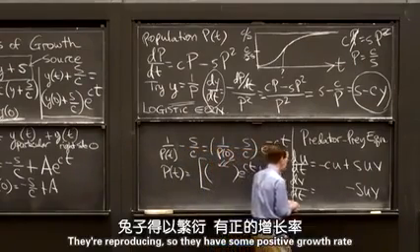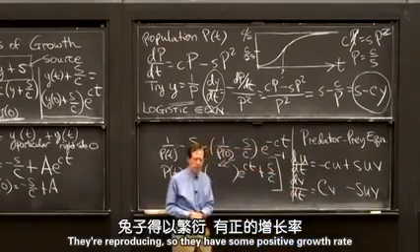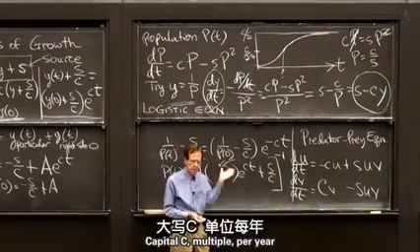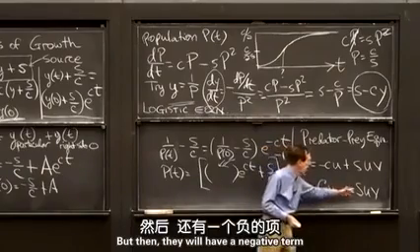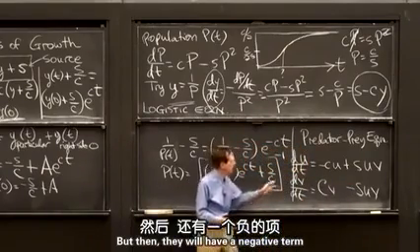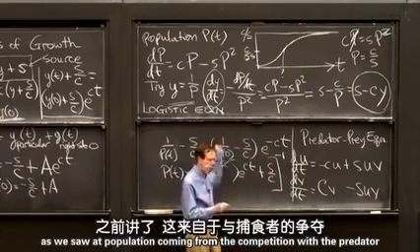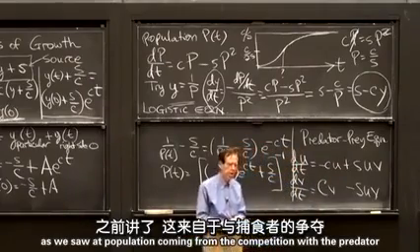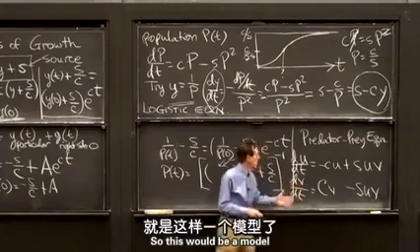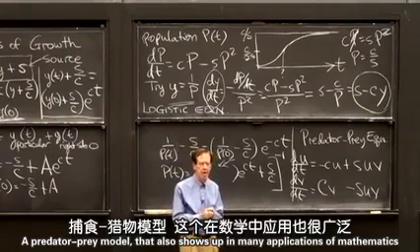So they're reproducing, so they have some positive growth rate, capital C, multiple per year. But then they will have a negative term, as we saw in population, coming from the competition with the predator. So this would be a predator-prey model that also shows up in many applications of mathematics.